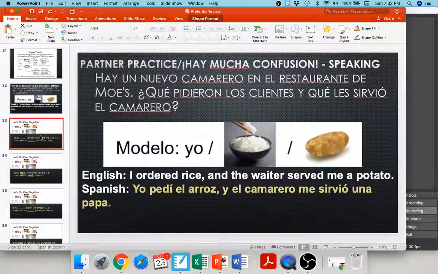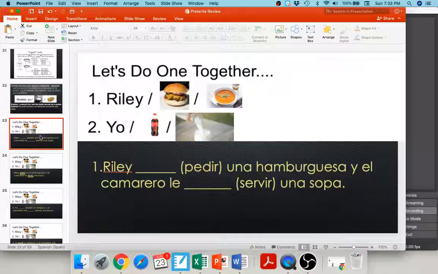I want you to try a few of these. Number one, it says Riley. It has a burger and then some soup. So you're trying to say that Riley ordered a hamburger and the waiter served him some soup. So Riley ordered. Think about pedir. It is an E to IE stem change in the present tense. Therefore in the preterite, it's only going to change from E to I. We get Riley pidió una hamburguesa.